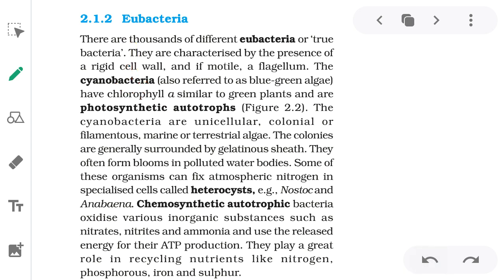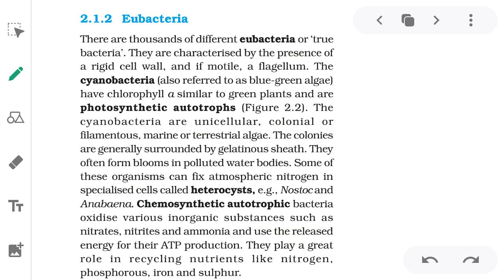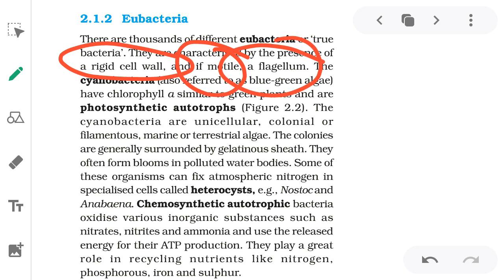सो दे आर थाउजेंड्स ऑफ डिफरेंट यूबैक्टीरिया और ट्रू बैक्टीरिया। They are characterized by the presence of rigid cell wall. Rigid means hard cell wall, and if they are motile, means they can move, so they have a flagellum structure.